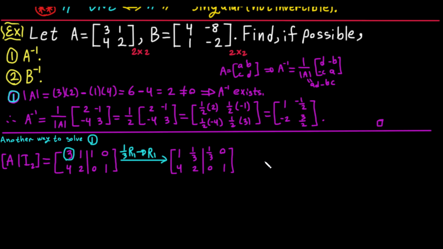Let's change the color. So here we made this one 1. Now we have to make this number equal to 0. So row 2 minus 4 times row 1 in row 2, because 4 minus 4 is 0.